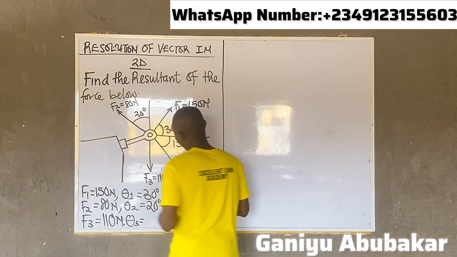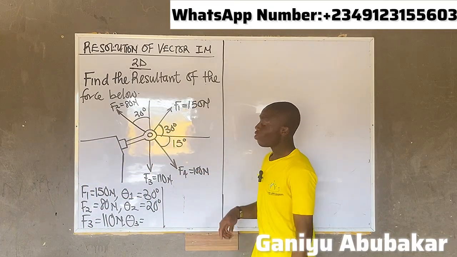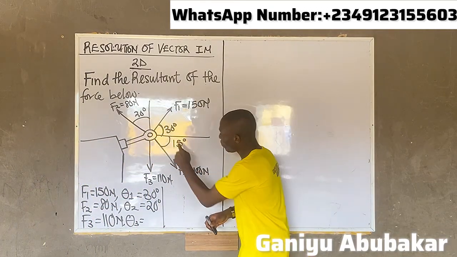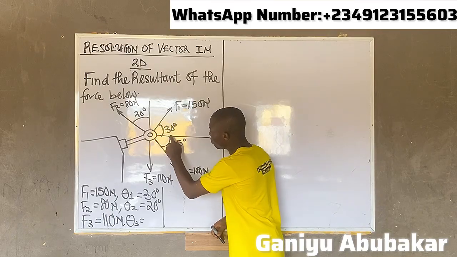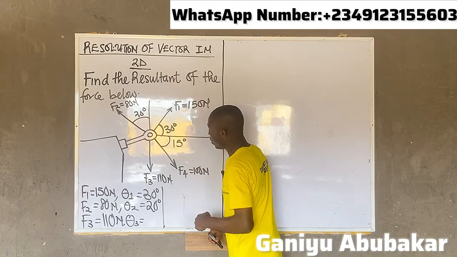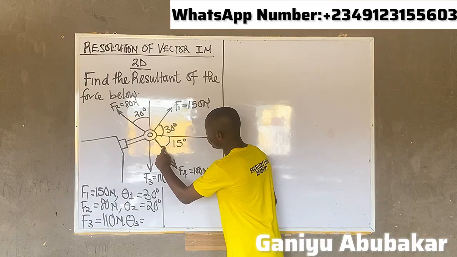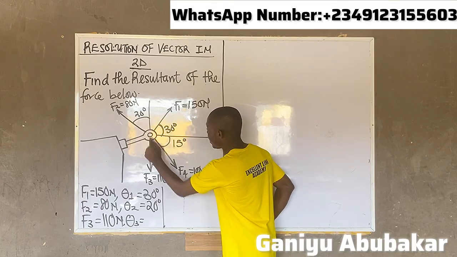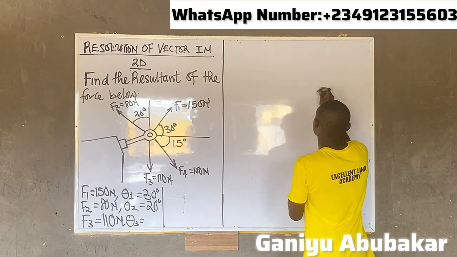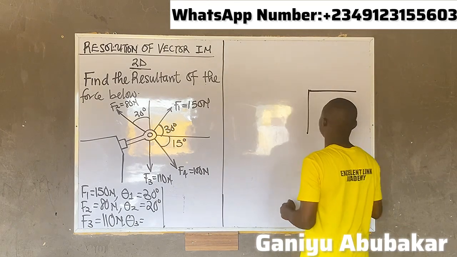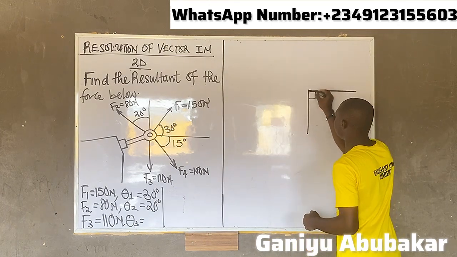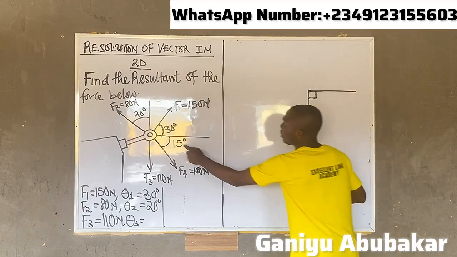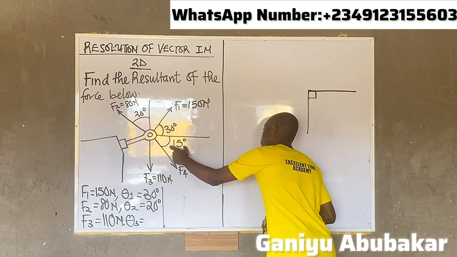Observe that there's no angle for theta 3 here. But here's the concept. If here is 15, there's a tendency that this is a 90-degree concept, a right angle. So we know that this entire angle is 90 degrees, and they give us this part here as 15.